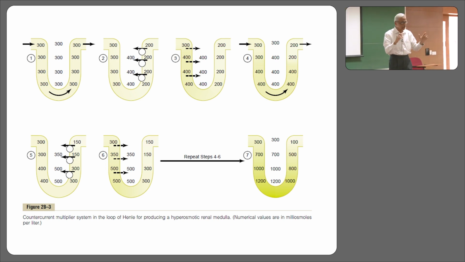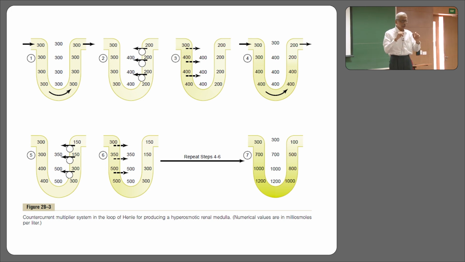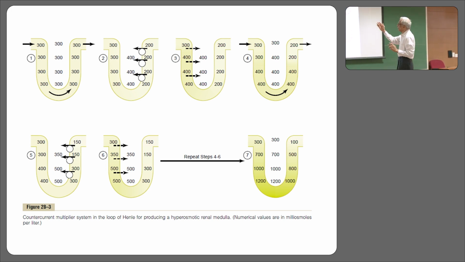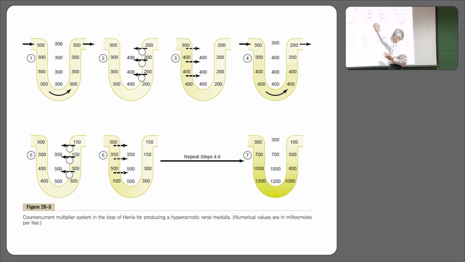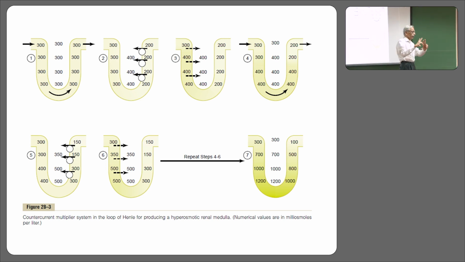No aquaporins. And the second thing is, particularly in the thick segment, it is abundantly rich with the system that can keep on exporting the sodium. As a result of this, you keep on building a certain concentration difference between the interstitial fluid and the content of the ascending limb.